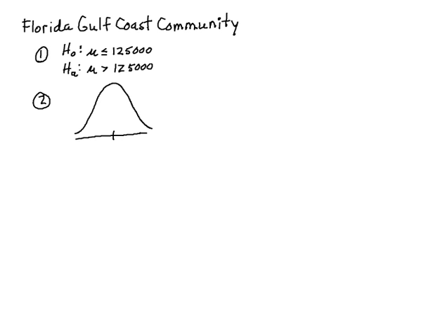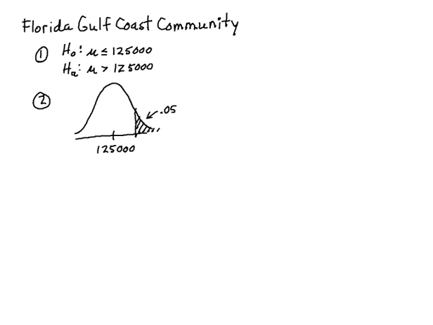Now, the center of the distribution is the $125,000 claimed average. We have a level of significance of 5%. We're testing on the upper end in this case. This is a one-tailed hypothesis test.